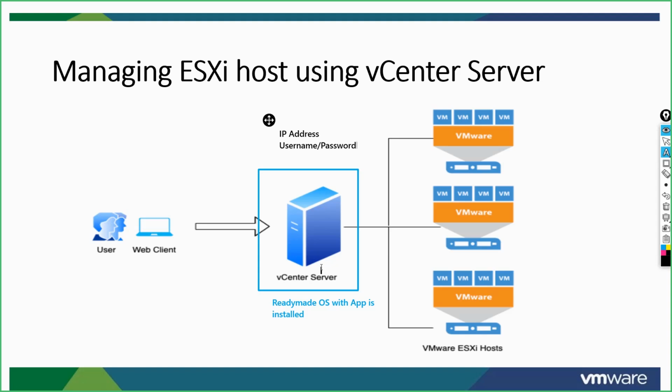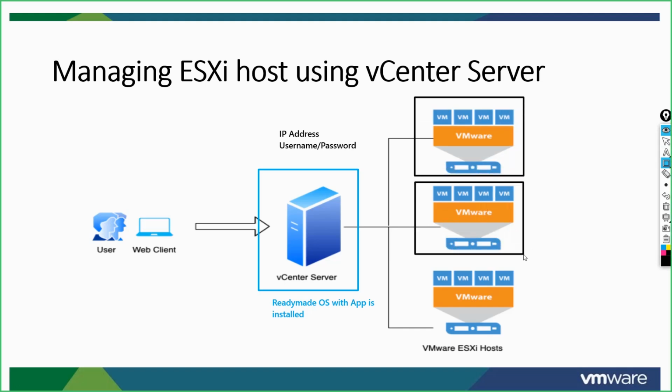Now, once you have accessed the vCenter server, inside this vCenter server we will be adding the ESXi hosts one by one. You can see that scenario over here. This is one ESXi host in which you have multiple virtual machines.